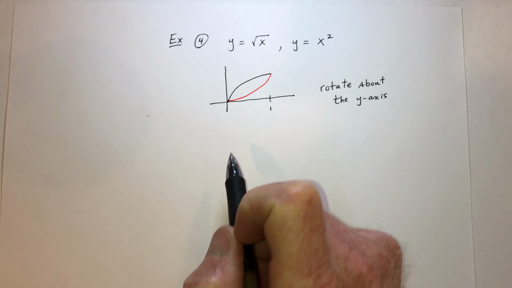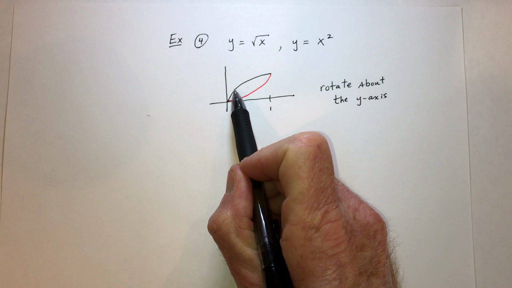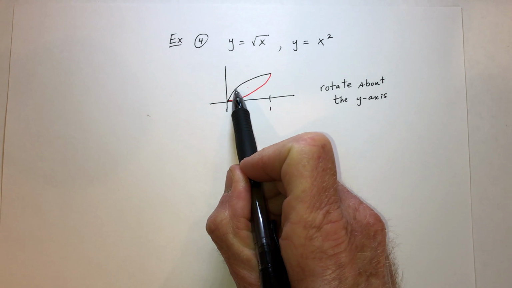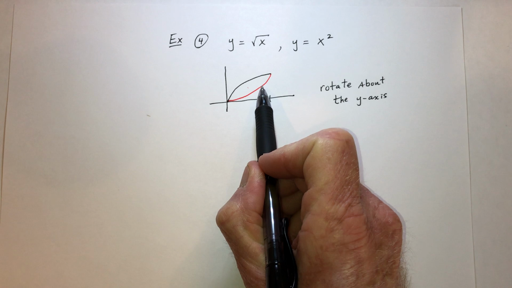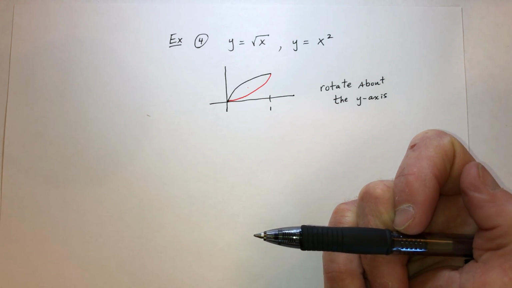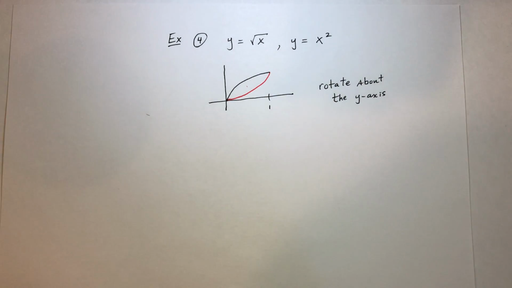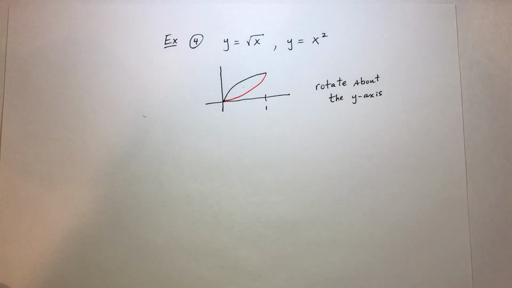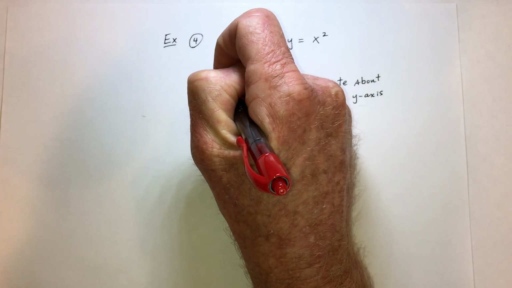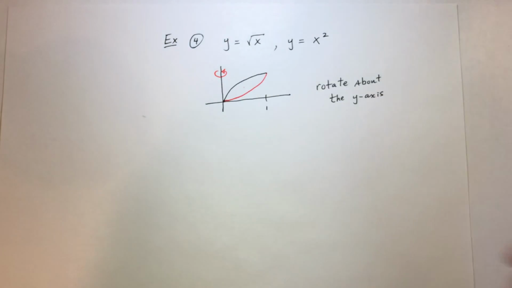That's good news, as long as it's going between two functions. If you put it horizontal, then it's going to be going from the black function to the red function. So we could actually do this one in two different ways and we would get the same answer. Imagine that. I forgot to put this part. Rotate about the y-axis.